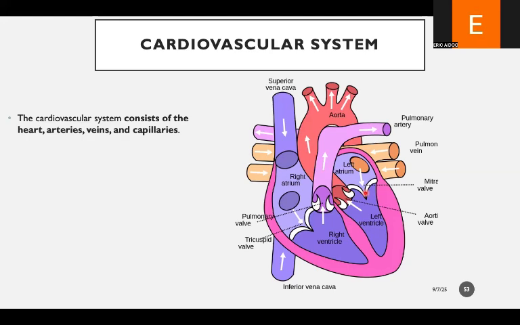Okay. So you can actually tell that for the left side of the heart, when the blood moves from the left atrium, which is actually coming from the pulmonary veins with rich oxygen, the valves will open to allow the blood, as you can see with the arrow, to enter the left ventricle. Okay.